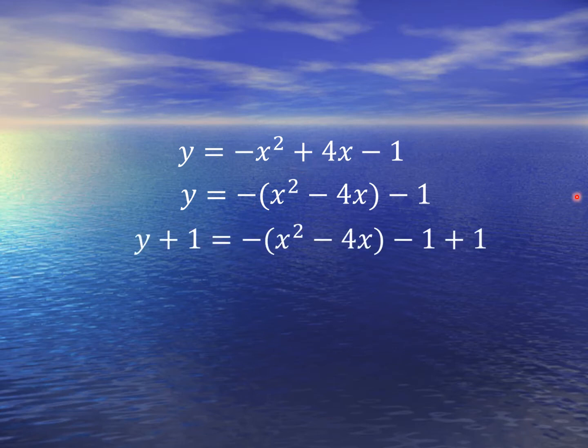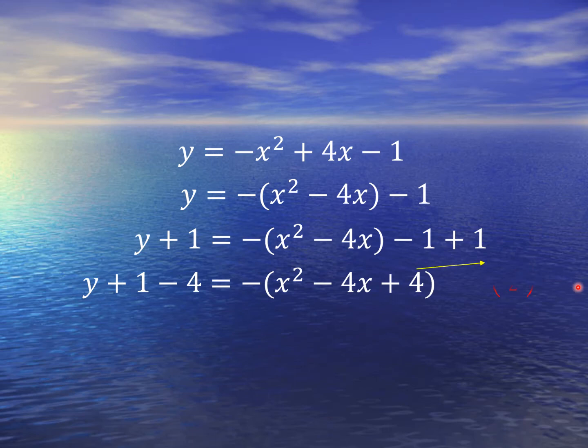And then we are going to add 1 to both sides of the equation. And then we are going to complete this one. So negative 4 divided by 2 squared is equal to 4. And why did I subtract 4 from both sides?